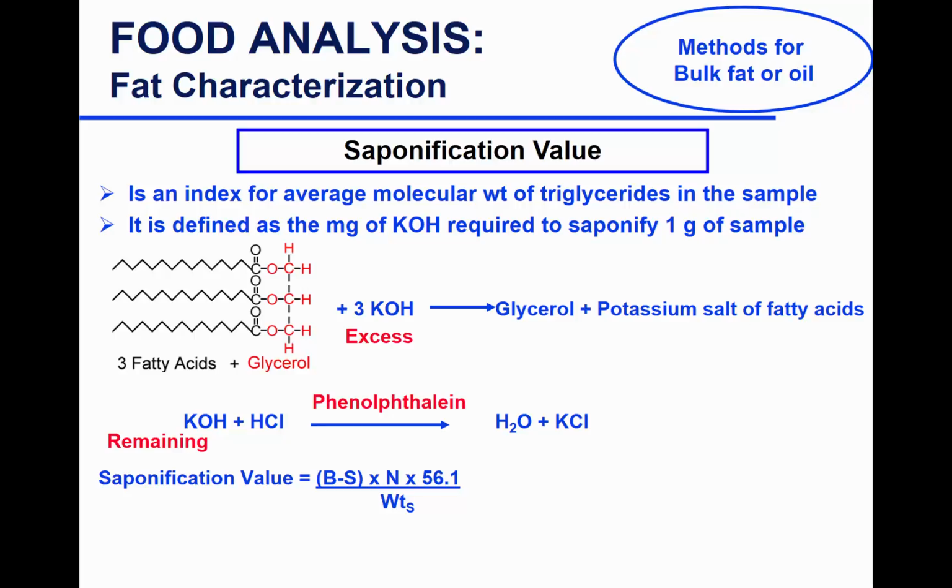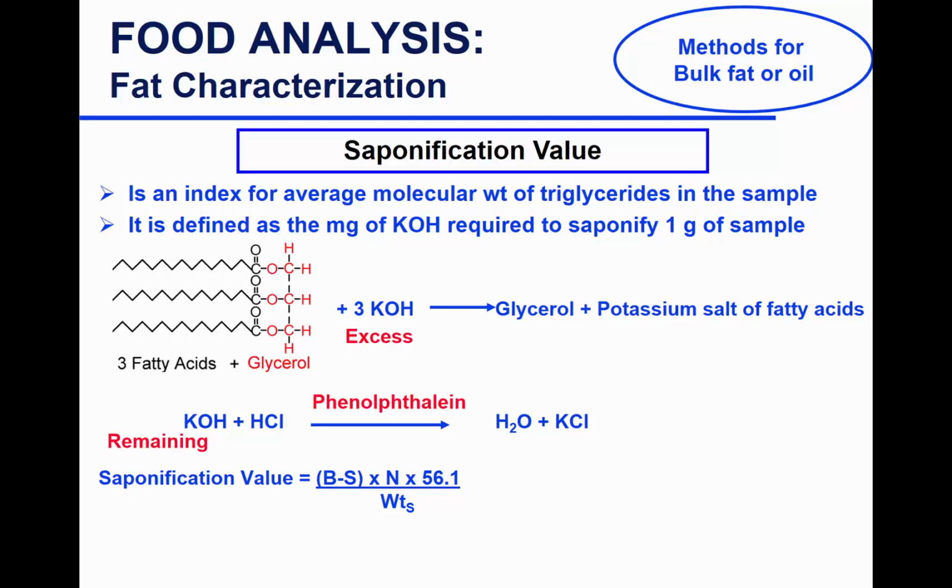If you have a higher saponification value for oil A and a lower saponification value for oil B, which one will have a higher molecular weight? You just answered this question.